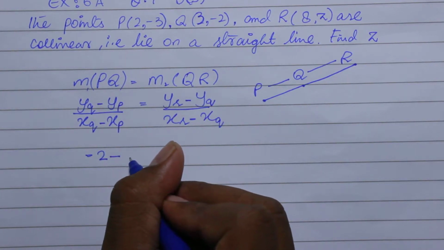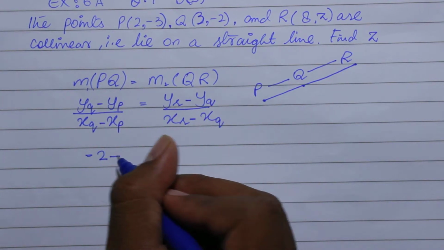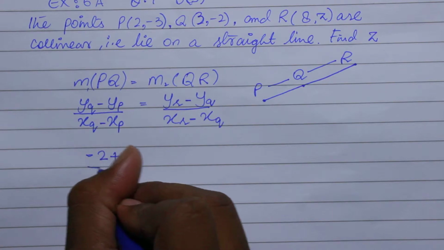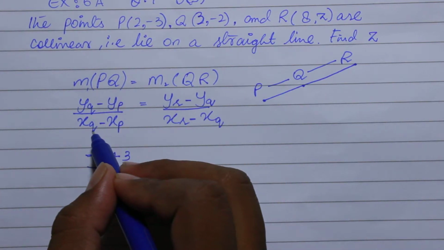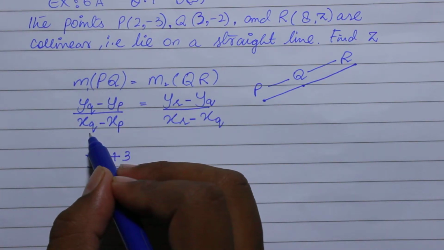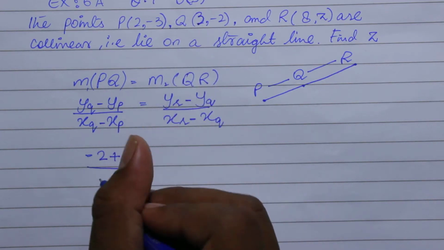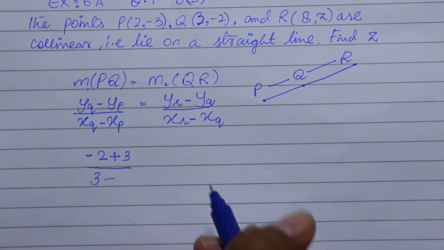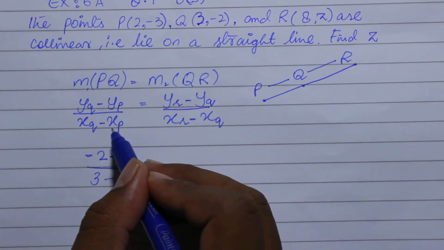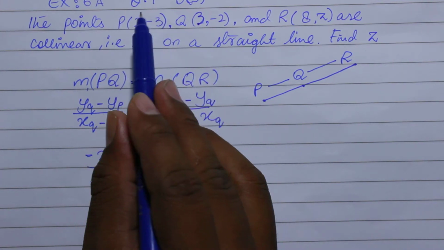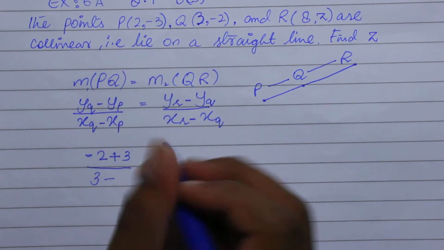Minus is already present because of the formula, so this will become +3. In the denominator, the X coordinate of Q is 3, so I write 3 minus the X coordinate of P, which is 2.